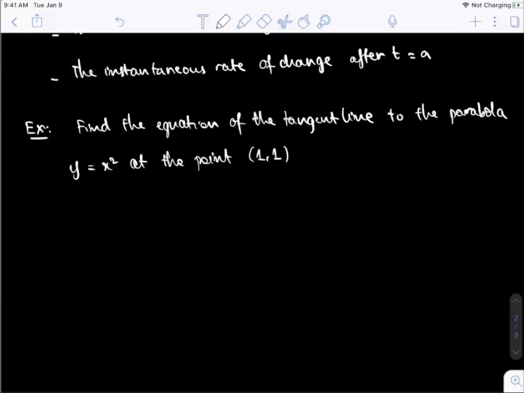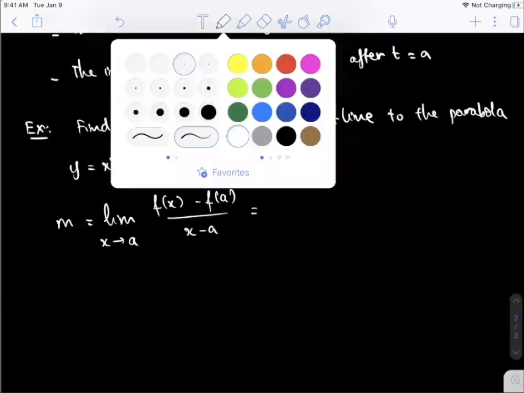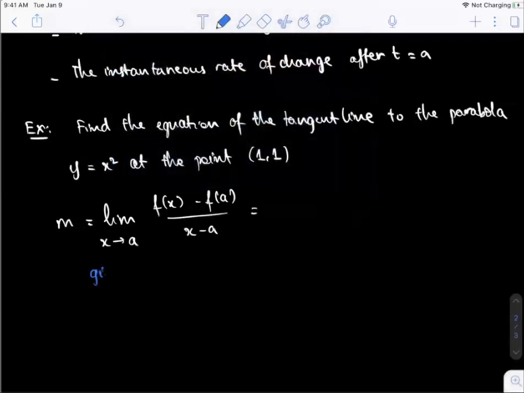In order to find the slope, you have m equal to the limit of f(x) minus f(a) over x minus a as x approaches a. That's the slope of the tangent line. And f(x) is x squared, and a in this case is equal to 1.